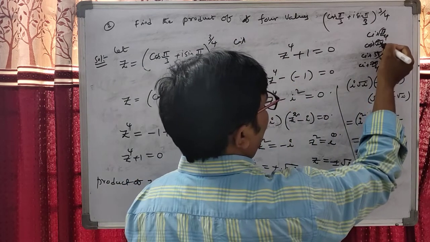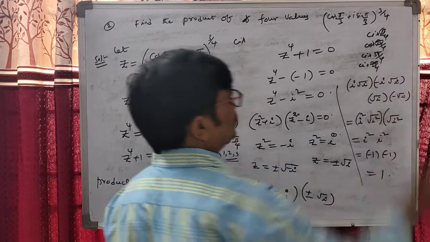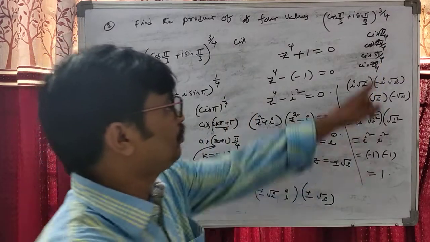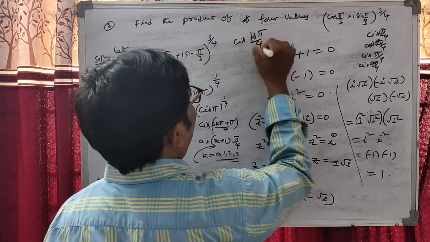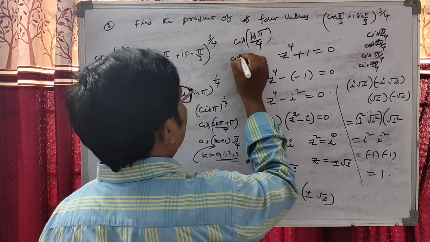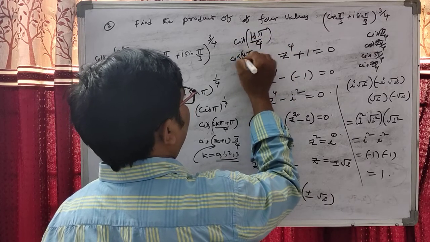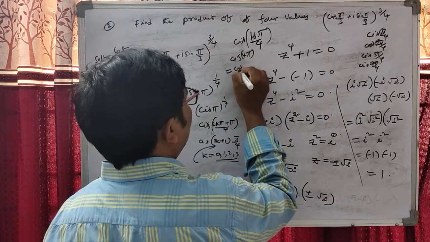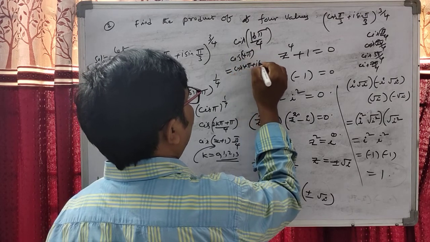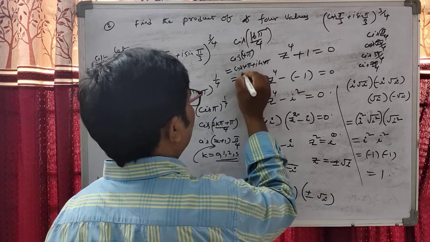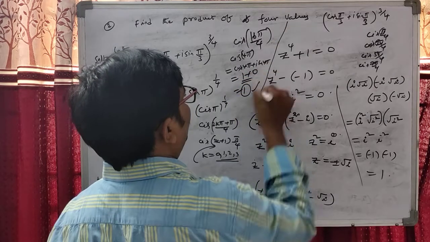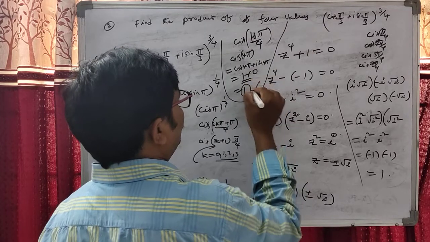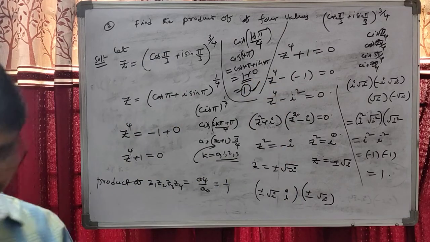Pi plus 3 pi plus 5 pi plus 7 pi by 4: 1 plus 3 is 4, 4 plus 5 is 9, 9 plus 7 is 16, so 16 pi by 4. So this is cis of 4 pi. Cis 4 pi is cos of 4 pi plus i sin 4 pi. This is 1 plus 0, that is 1. Do you understand, students? 1 plus 0 is 1.